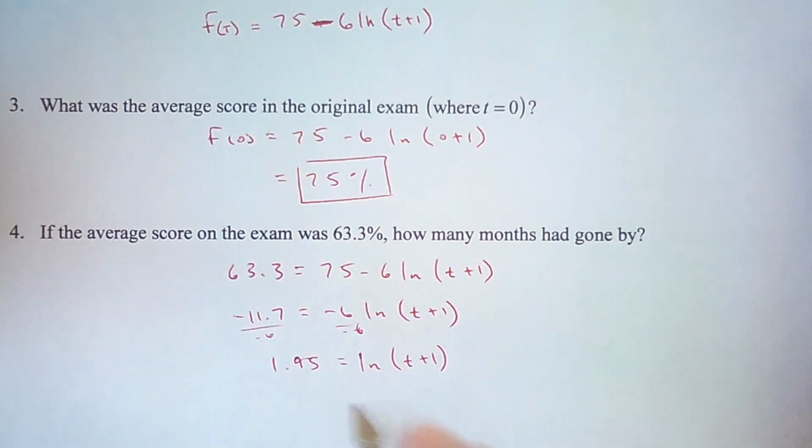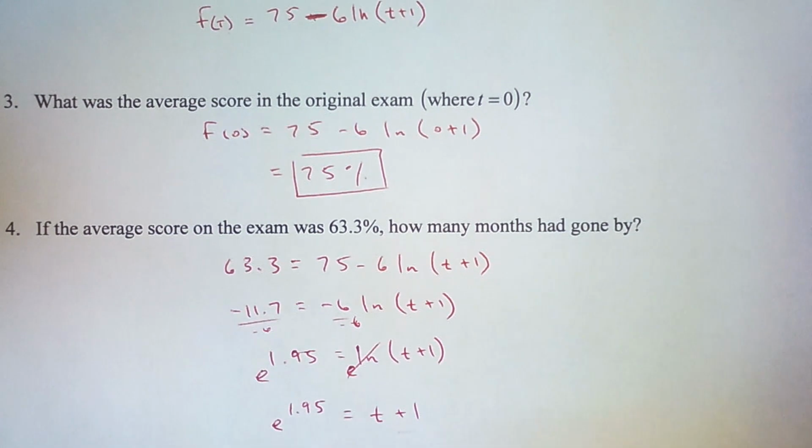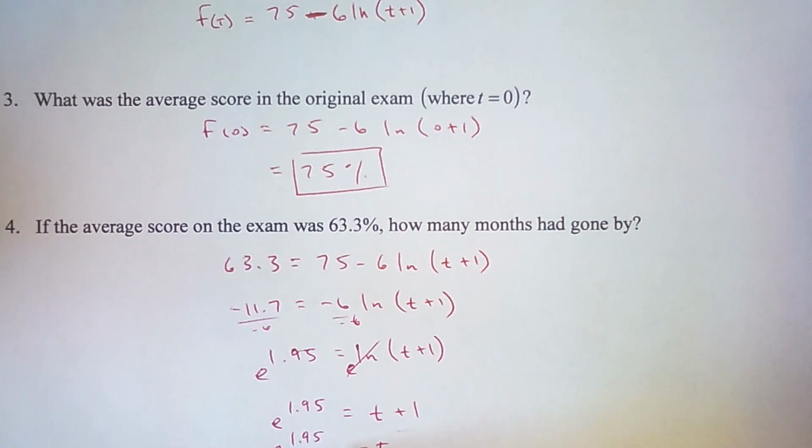So to cancel out log base e, I can put a base e on both sides. So now I have e to the 1.95 power equals t plus 1. So that means t is e to the 1.95 power minus 1.